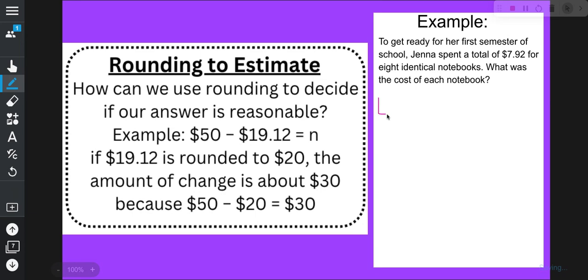So if we wanted to estimate our problem, to get ready for her first semester of school, Jenna spends a total of $7.92. So if I take my $7.92 and I want to estimate it, I'm going to round it to the nearest whole dollar, and that would be $8.